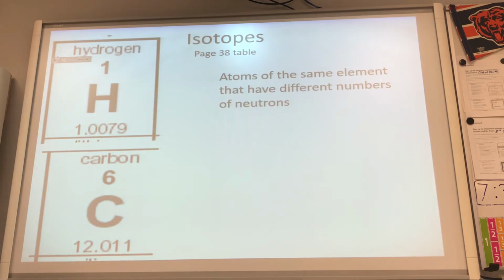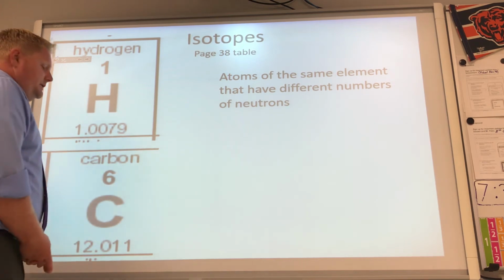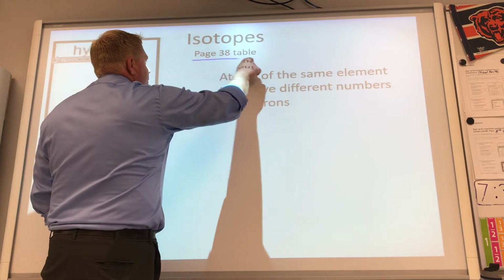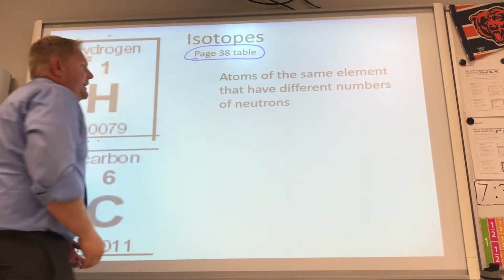All right. Isotopes get kind of confusing. They will probably take a lion's share of our time. I'm going to go quickly over it, and we'll cover it when I come back. It is in my plans. So, atoms of the same element that have different numbers of neutrons. Page 38, we're going to use the heck out of that when we get back.